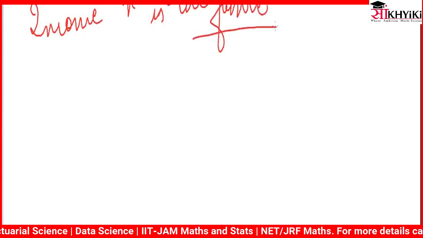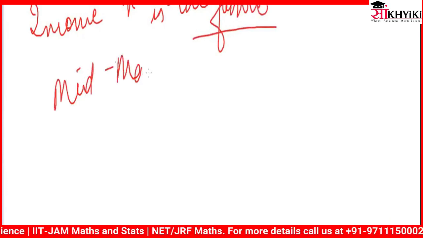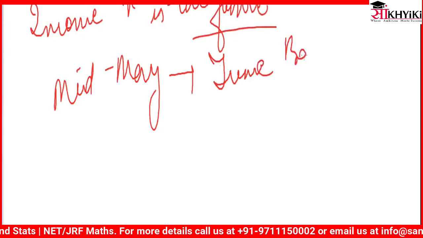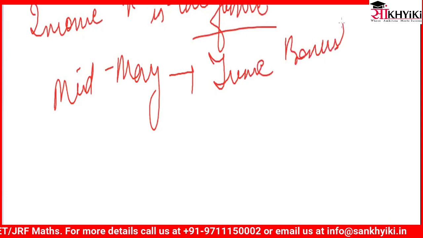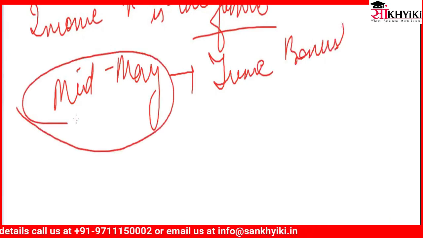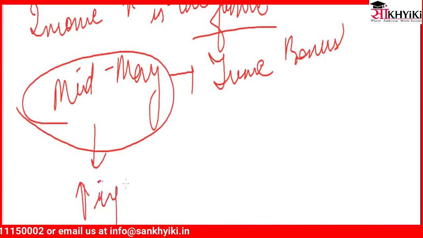For example, it's mid of May, and I'm expecting that in June I'm going to get some bonus, I'm going to get a hike, and I'm going to get higher income, then in May itself I will have a tendency to increase my shopping.